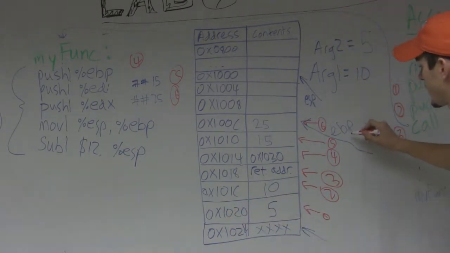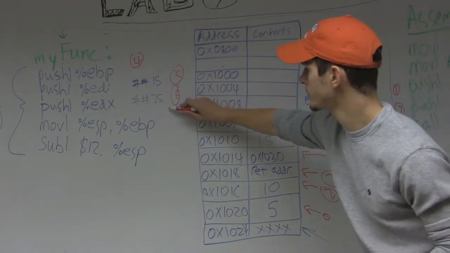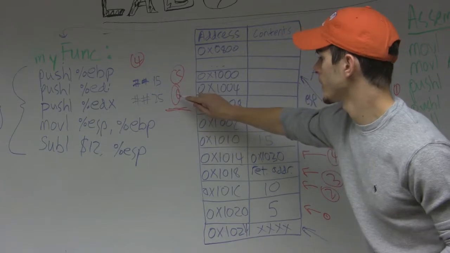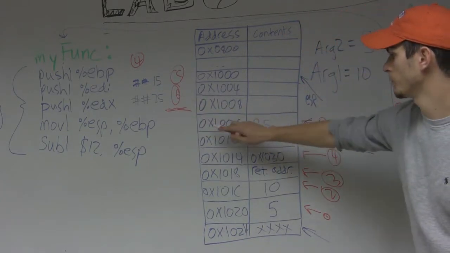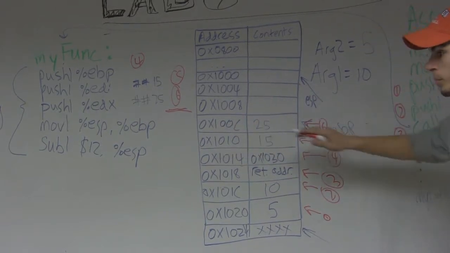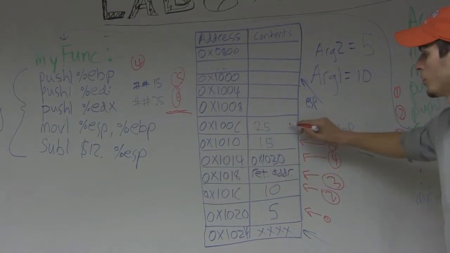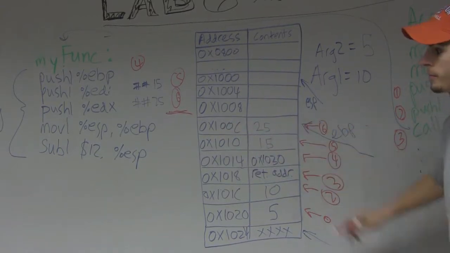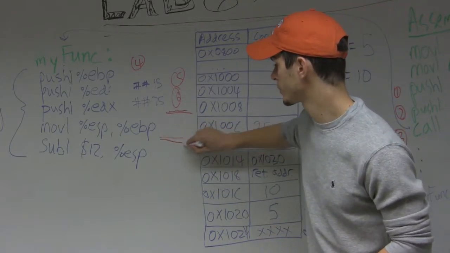So that's the reason that the base pointer is now, at the end of this instruction, the instruction say number 6 here, pointing at this 0x100C. By moving that location into the base pointer, the base pointer is also pointing at this same address. And so that's taking care of that instruction.